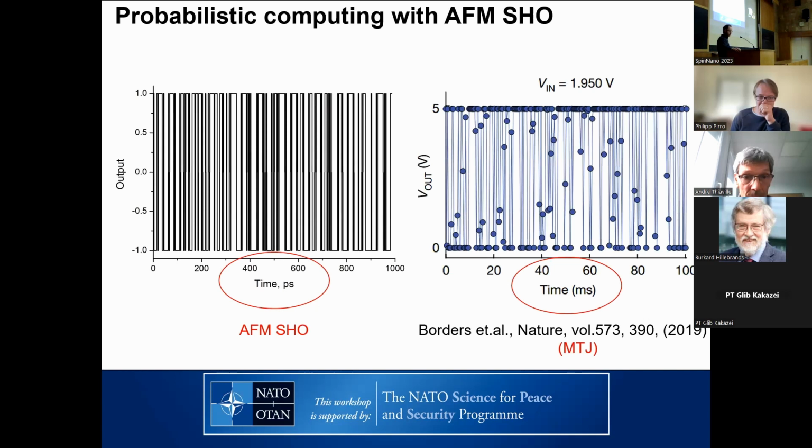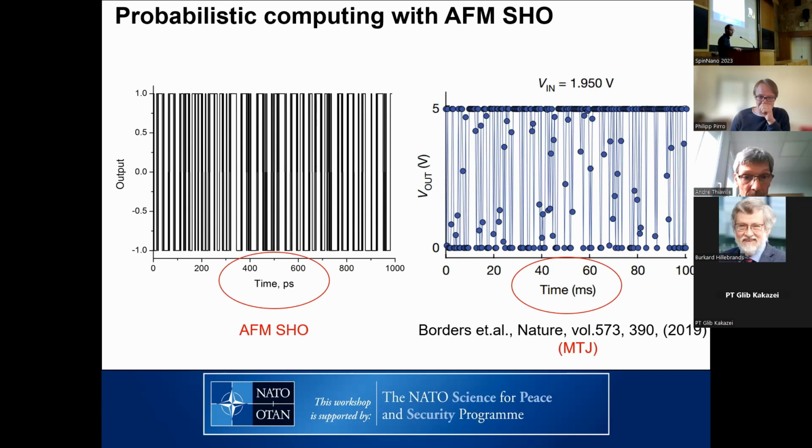Basically, this is nice and all, but I think this is the key slide of our results, because we can compare the magnetic tunnel junction, to the right, and our spin Hall oscillator, to the left, and just look at the time scales: microseconds versus picoseconds.